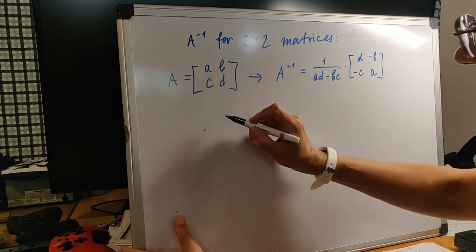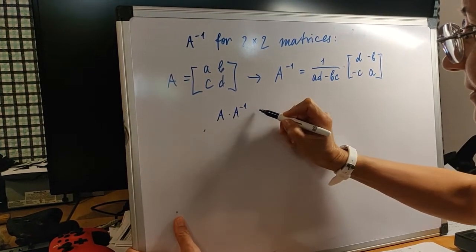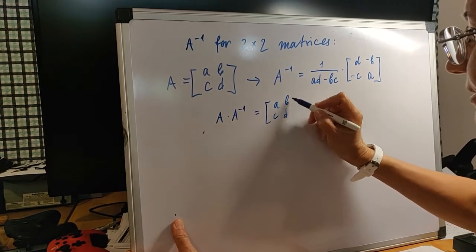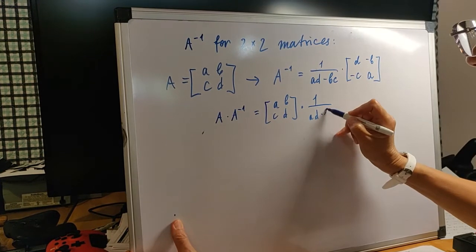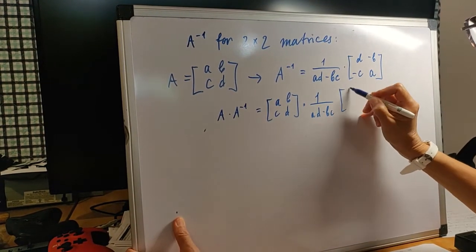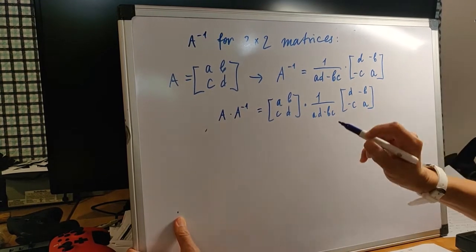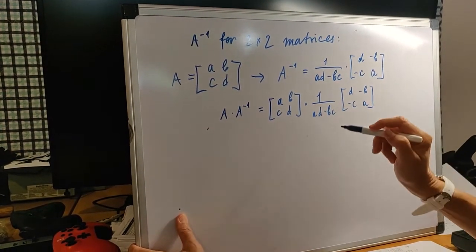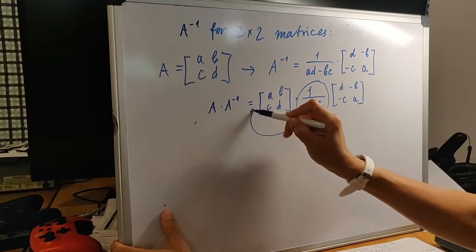So let's see, I'm going to multiply A by A inverse. My matrix A is A, B, C, D. My inverse matrix is 1 over AD minus BC, and over here D, negative B, negative C, A. Matrices are square, so it's two numbers here, and this one is just a number, so I'm going to put it in front.